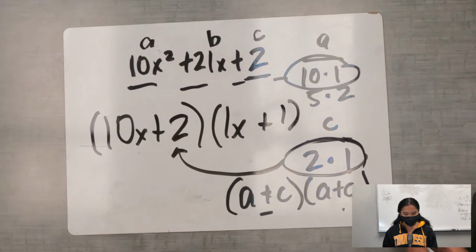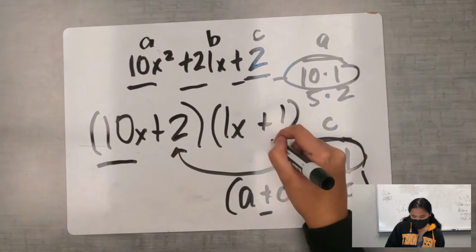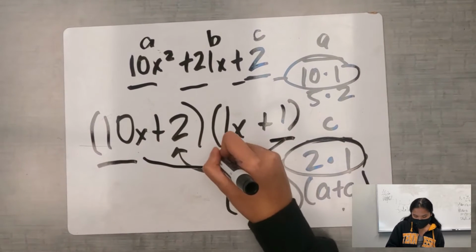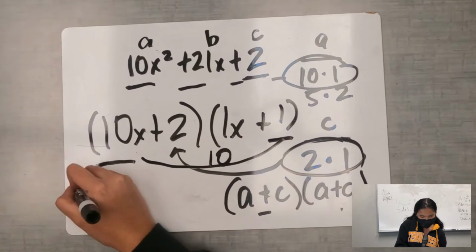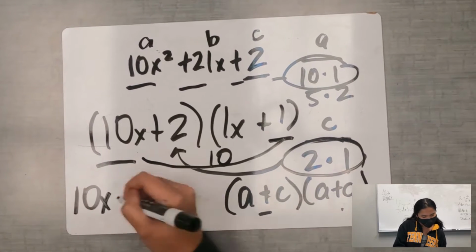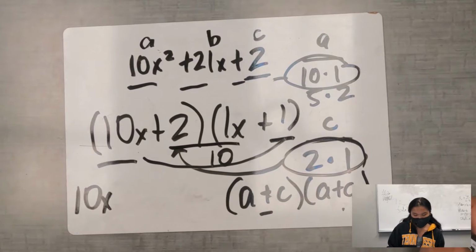And so the next thing we're going to do is multiply the first number and the last. So 10 times 1, that would be 10x. And then the insides, we would also multiply.